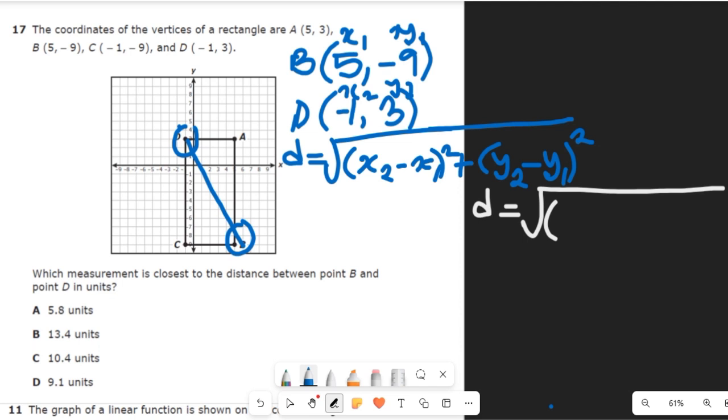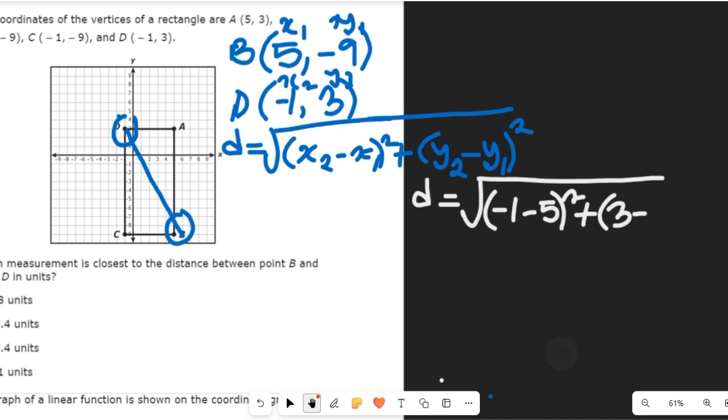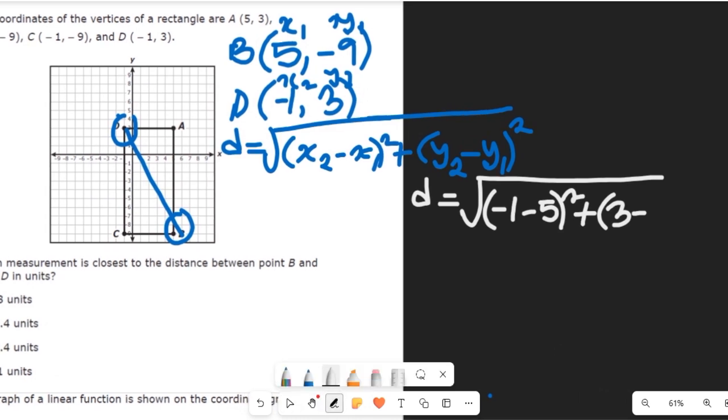So the expression becomes x2 minus x1, which is -1 minus 5, all squared, plus y2 minus y1, which is 3 minus -9, all squared.